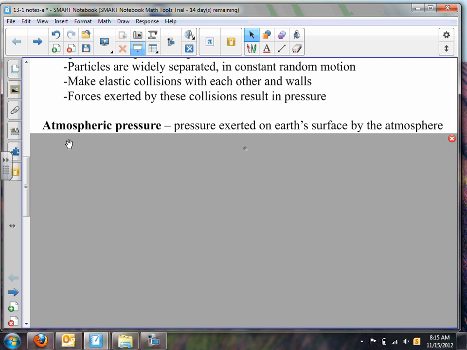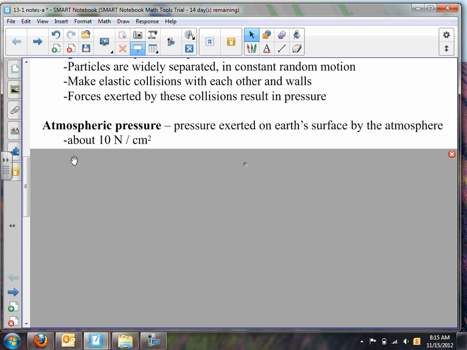Atmospheric pressure is the pressure exerted on the Earth's surface by the atmosphere. There's about 10 newtons of force on every square centimeter of the Earth's surface.